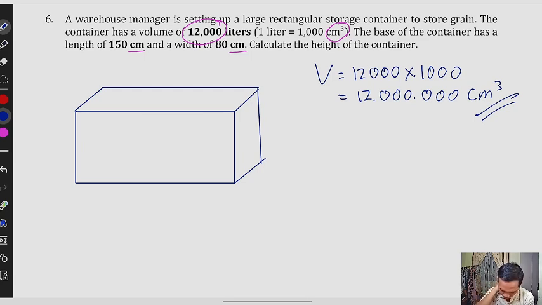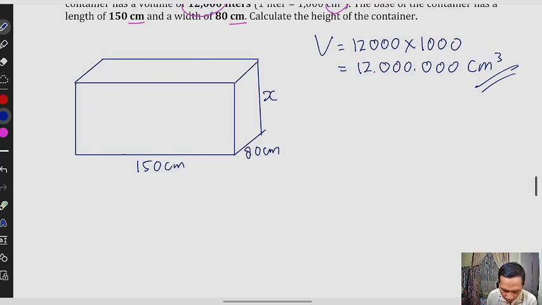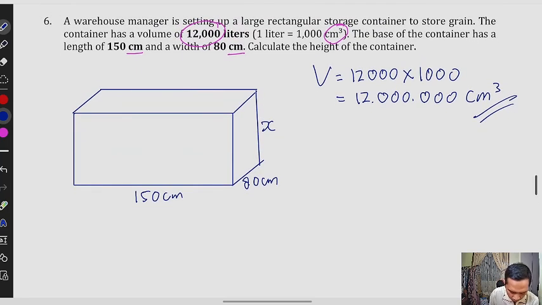But we are not finding the volume, of course. The base of the container has the length 150 centimeters. The width is 80 centimeters. Calculate the height of the container. Our goal is to find the height when we have the volume of 12 million centimeter cube, so let's put the final answer in centimeters. The volume of the cuboid is length times width times height.